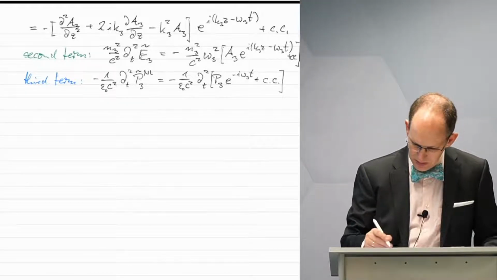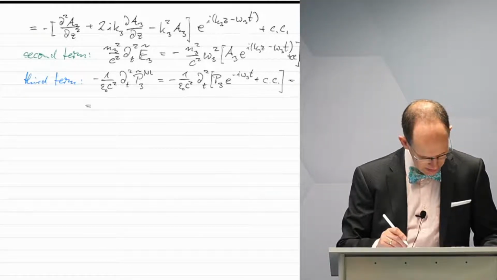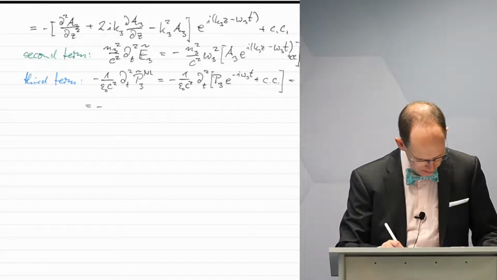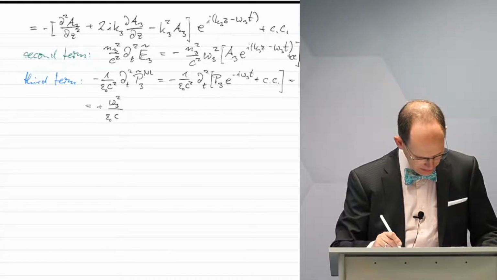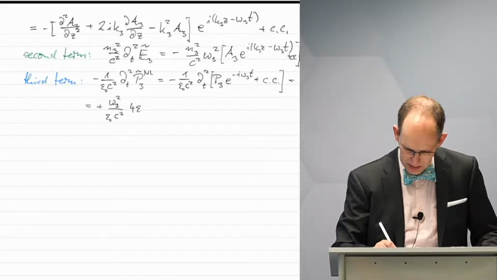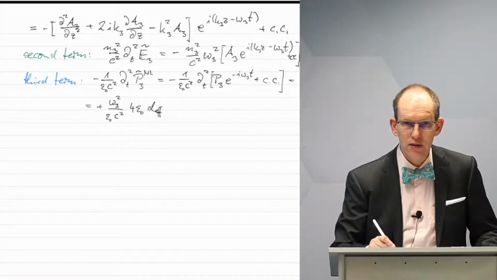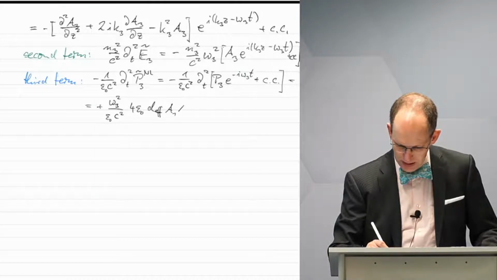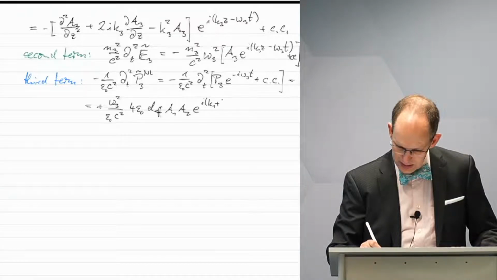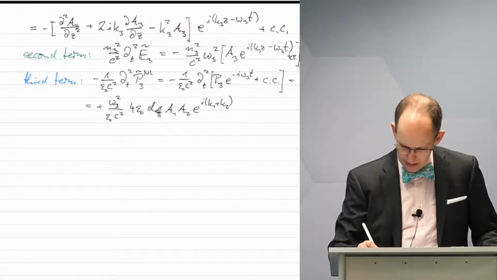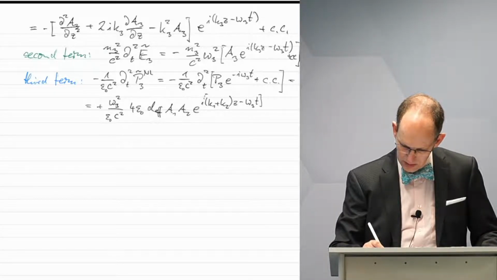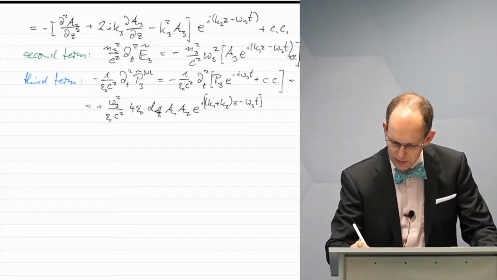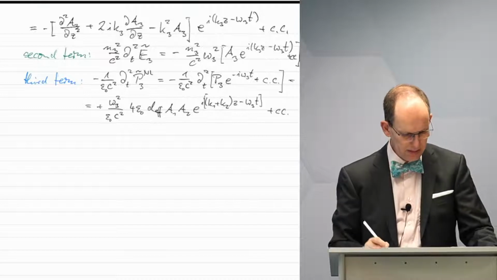Well, we can of course easily do these derivations. And what we get is plus omega 3 squared divided by epsilon 0 times c squared times 4 times epsilon 0 times the effective nonlinearity times a1, a2, and then e to the i k1 plus k2 times z minus omega 3 times t. And of course, also here the complex conjugate.